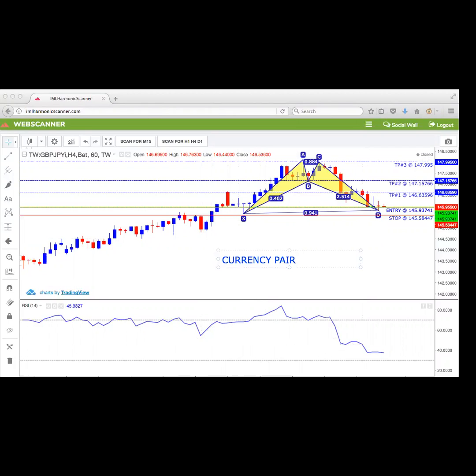It is GBPJPY. What type of order is it? What are we doing, buying or selling? We're buying. Is it a limit, stop, or market execution?